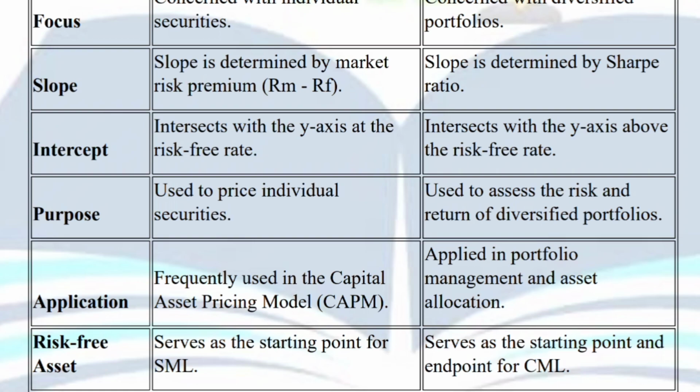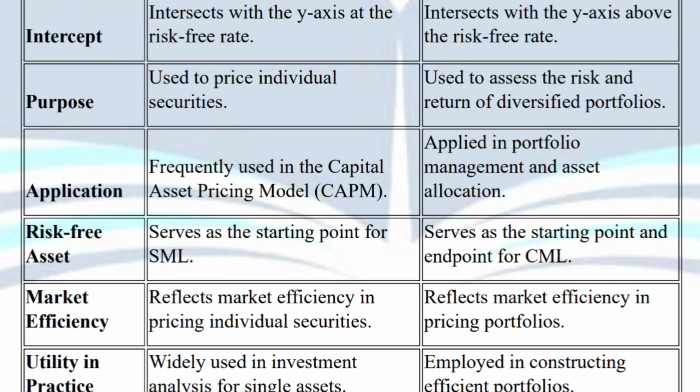Now the difference is based on the risk-free asset. The risk-free asset serves as the starting point for the security market line, representing the minimum return investors should expect for taking on no risk.